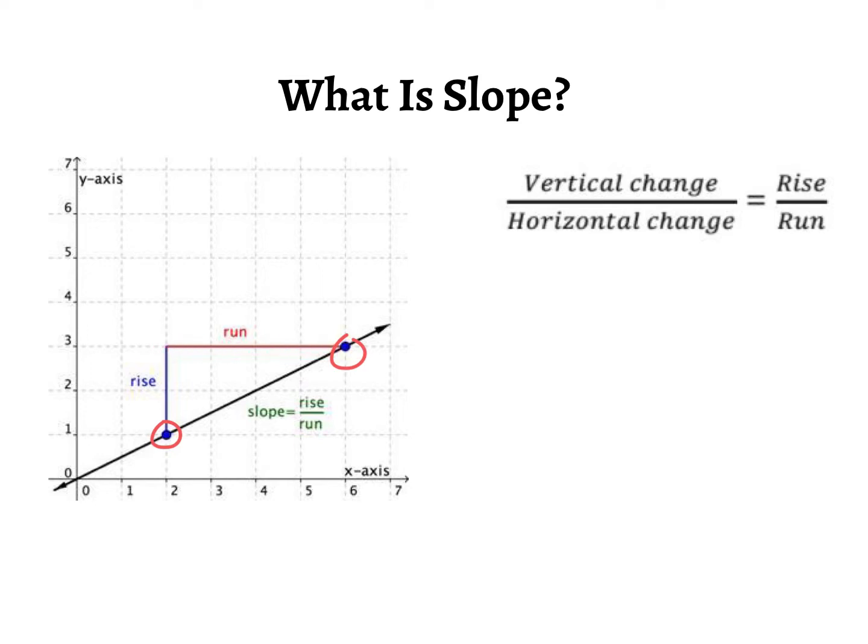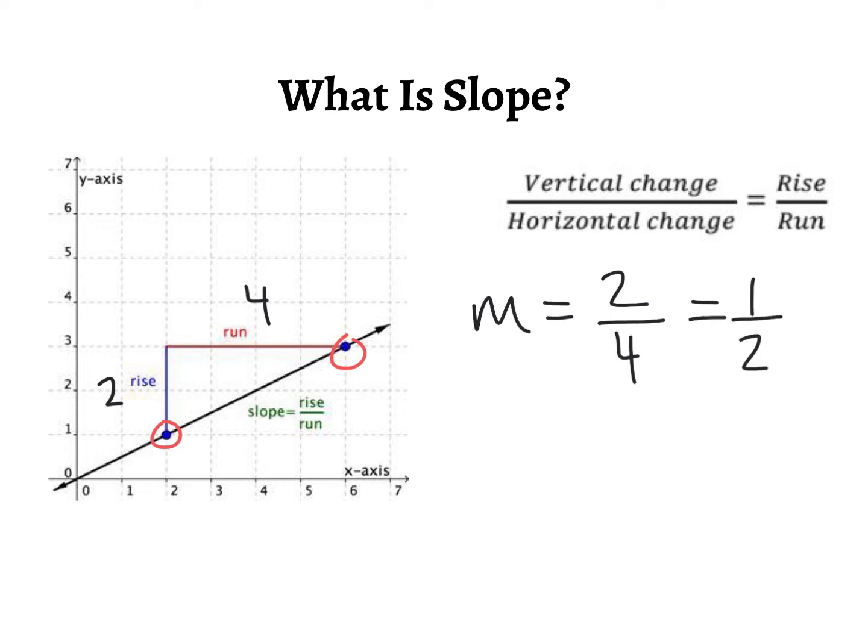And I'm going to label that here as rise and run. If you can see here in the formula, slope is defined as the vertical change over the horizontal change, or the rise over run. Since we already have these numbers, we're going to write it as 2 over 4. So m equals 2 over 4. Now, since they're both divisible by 2, we can simplify this down to 1/2.